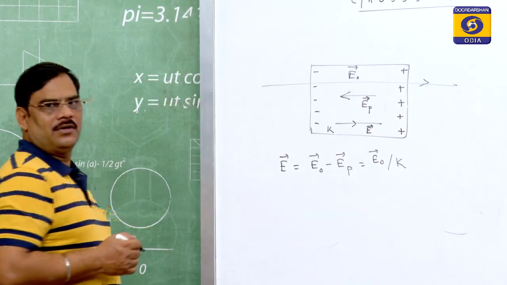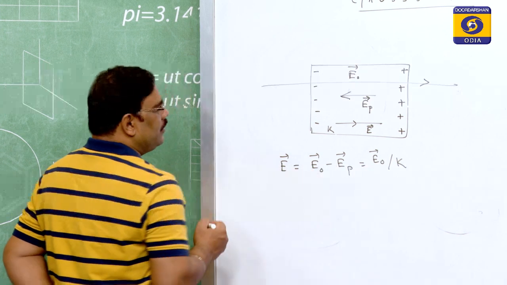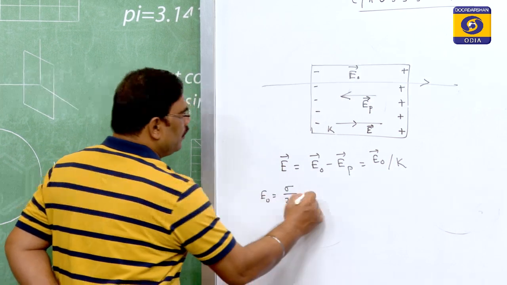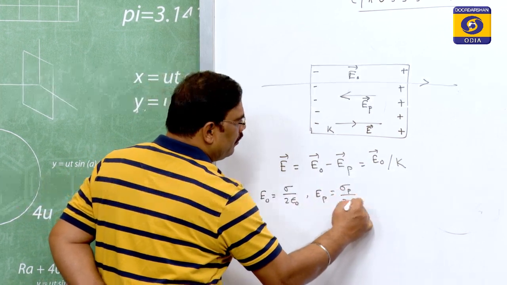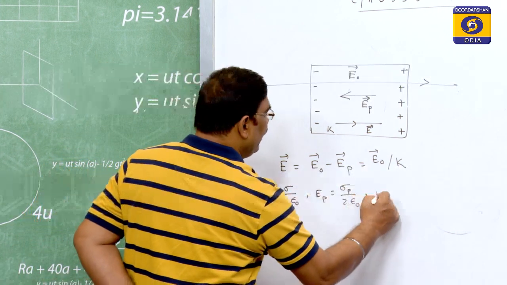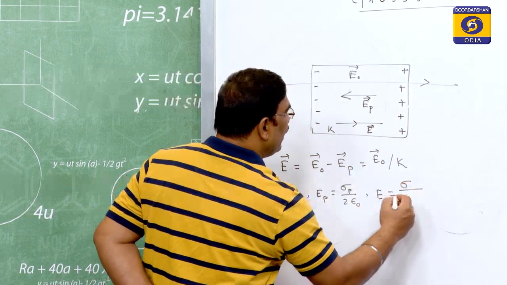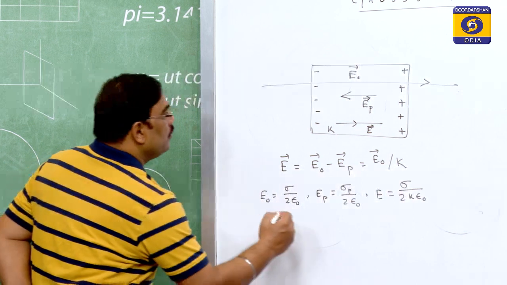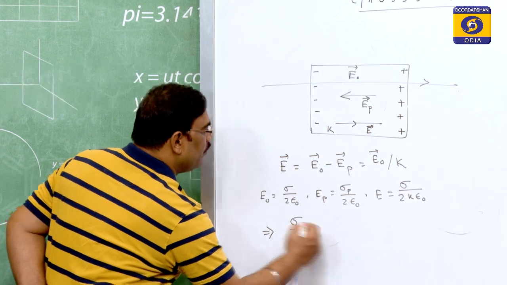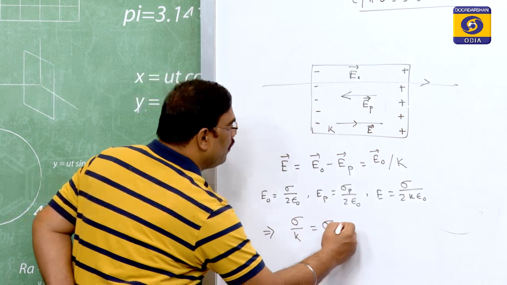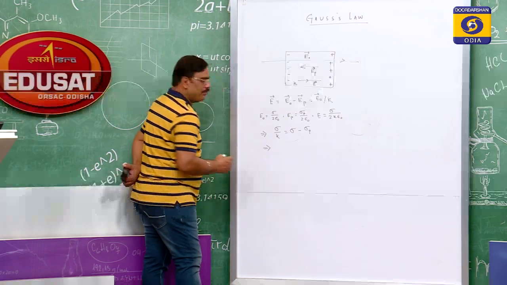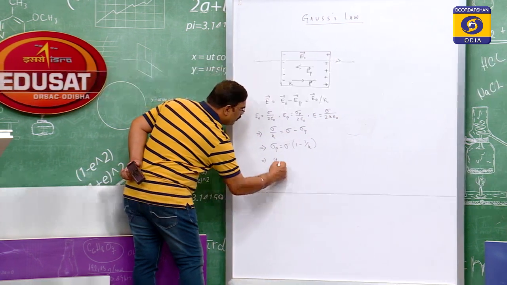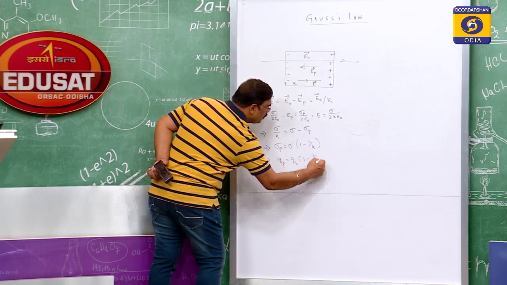Now, putting the values, if I represent E0 as sigma by 2 epsilon 0, EP as sigma p divided by 2 epsilon 0, and E as E0 by K, so it is sigma by 2 K epsilon 0, then I get sigma by K equal to sigma minus sigma p, or I can have sigma p equal to sigma into (1 minus 1 by K), or Qp equal to Q0 into (1 minus 1 over K).